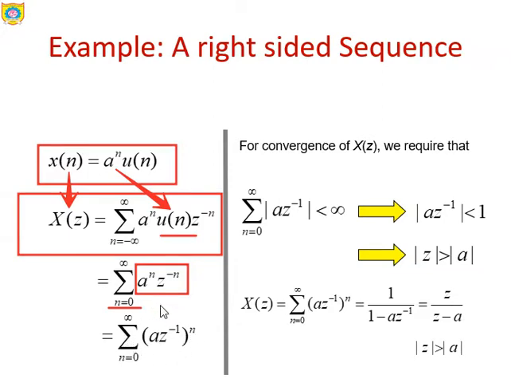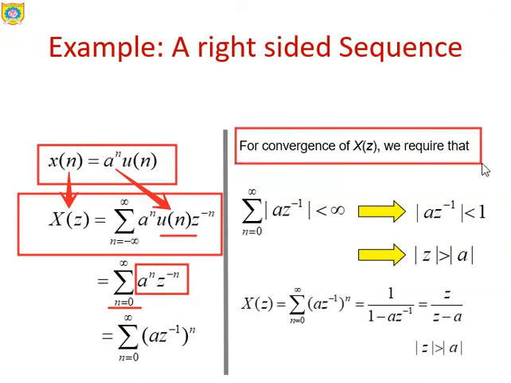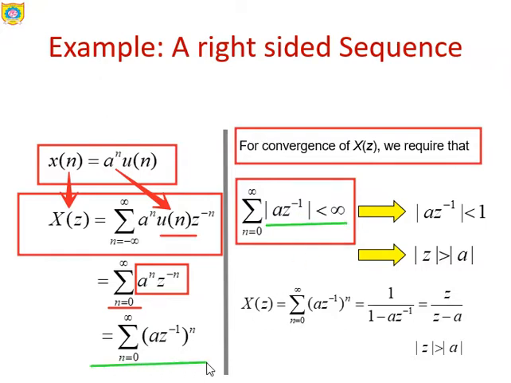Once we simplify it, let's apply the convergence condition. For convergence of X of z, we require that mod of X of z must be less than infinity. This is the important term we need to remember.